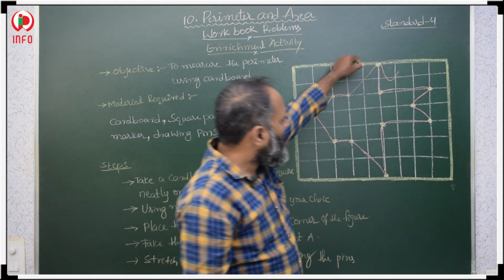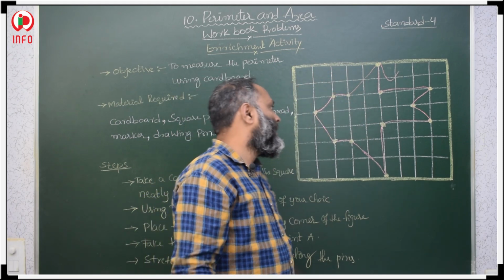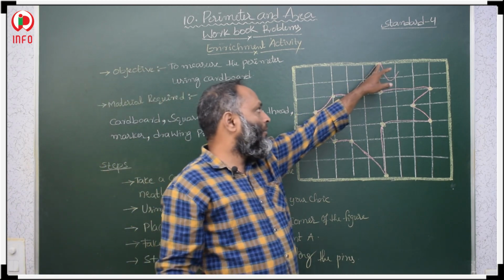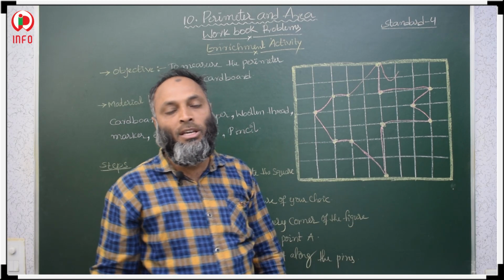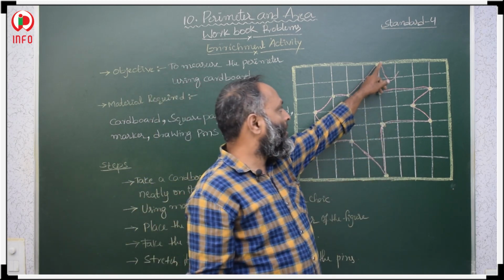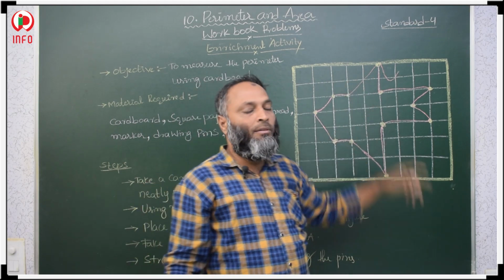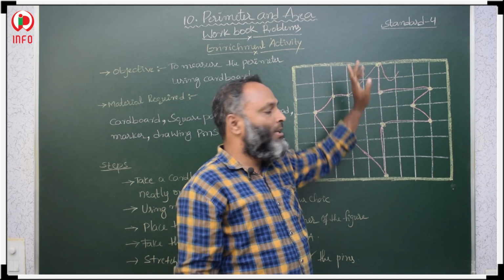So we have to tie the thread on every point where we kept our drawing pins, at every corner. Total we have 13 points. At 13 pins we tie the thread.